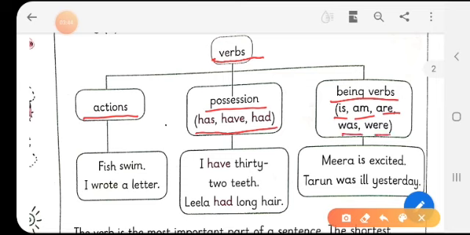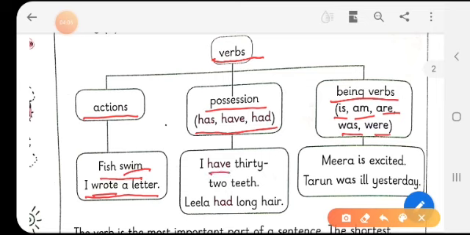Now action words are, for example, fish swim and I wrote a letter. So swim is a verb and wrote is a verb. I have 32 teeth. Leela had long hair. So it is a possession. So what is it showing?